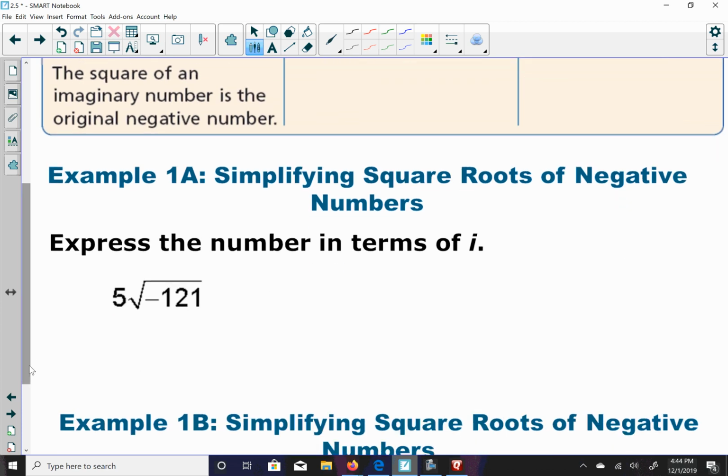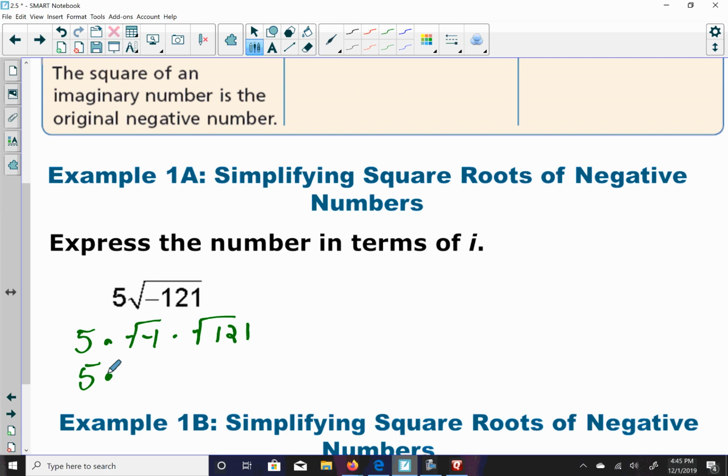The first example I have here is 5 times the square root of -121. I'm going to write this again as 5 times the square root of -1 times the square root of 121. The 5 still stays out in front, since it's still being multiplied.